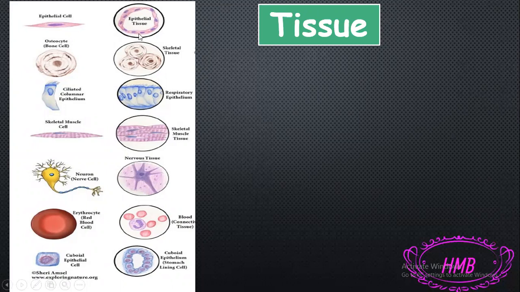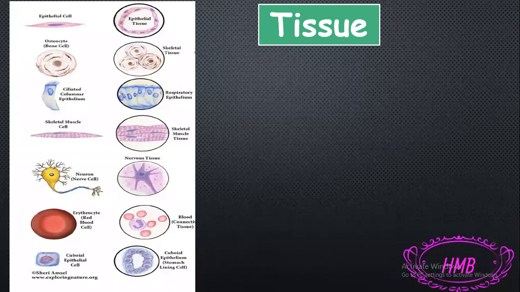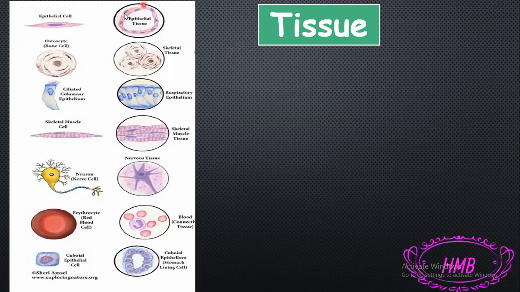When this cell becomes many cells, in this case, I will not call it a cell, because cell is only for one single cell. Here I have many cells, and as you can see, they are the same shape, so in this case, I will call them tissue.